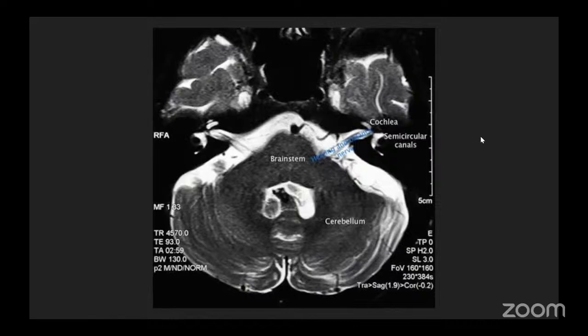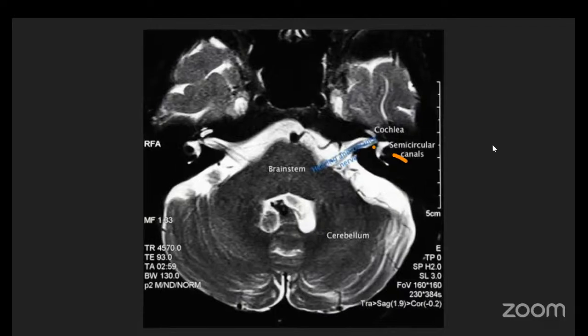This is a beautiful sequence, these are axial images, showing us the beautiful anatomy of the CP angle cistern along with the inner ear. Let me turn on my marker. You can see the semicircular canals.